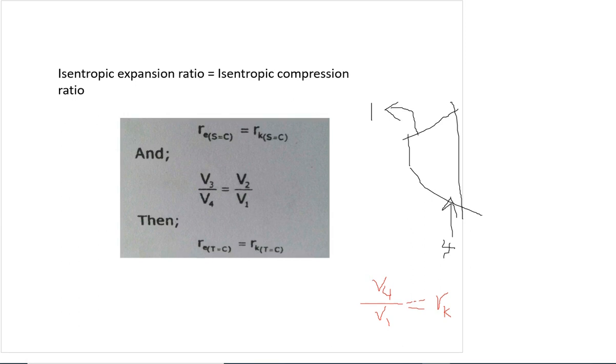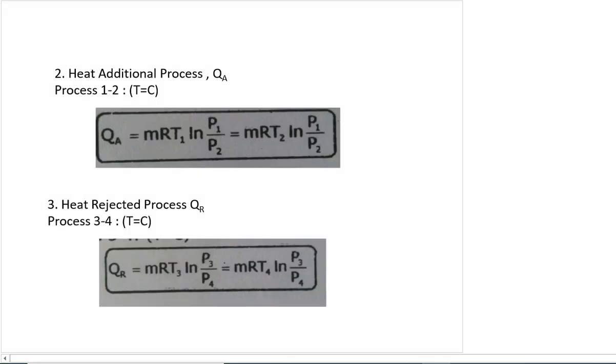Next, the heat addition process. In the heat addition process, the temperature is constant, as above, from process 1 to 2.